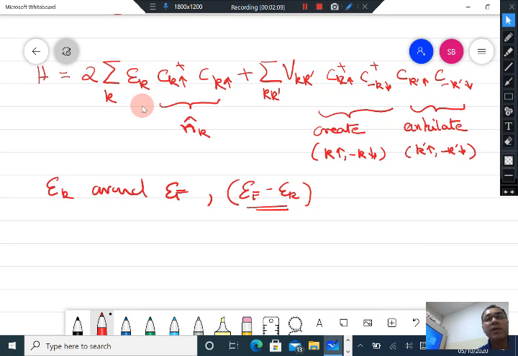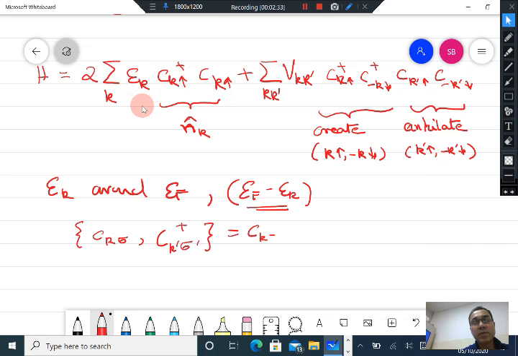When we do this derivation, we will have to consider these anti-commutation rules, where Ck sigma and Ck prime sigma prime dagger anti-commute: Ck sigma Ck prime sigma prime dagger plus Ck prime sigma prime dagger Ck sigma is equal to delta K K prime delta sigma sigma prime.